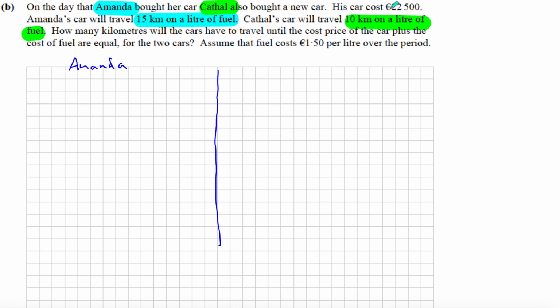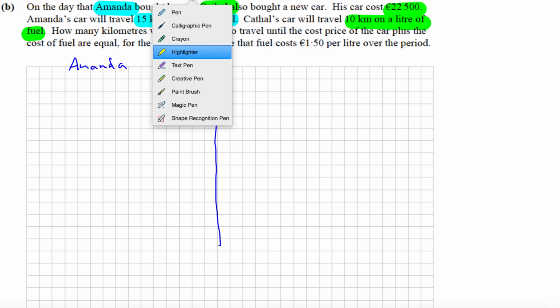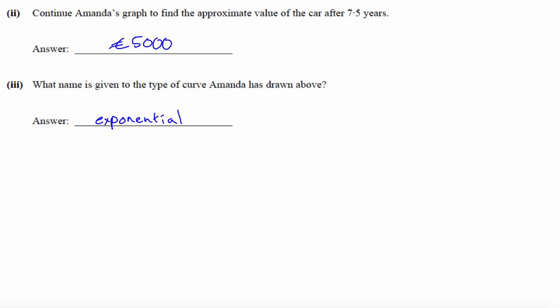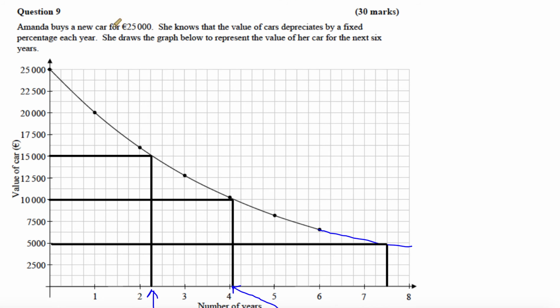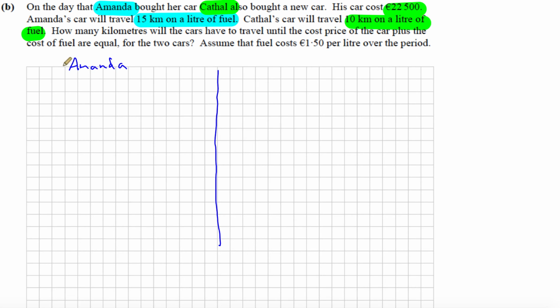Now, Cathal's car costs €22,500, and Amanda's car, which was the original car, cost €25,000.